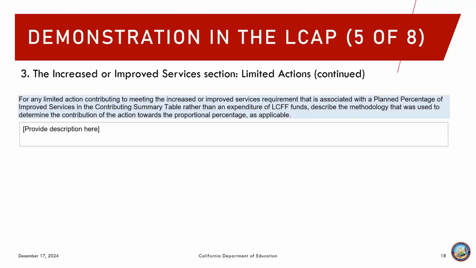And if the LEA does that, it's only for limited actions. You can't identify a planned percentage of improved service for an LEA-wide or school-wide action. It can only be done for limited actions.